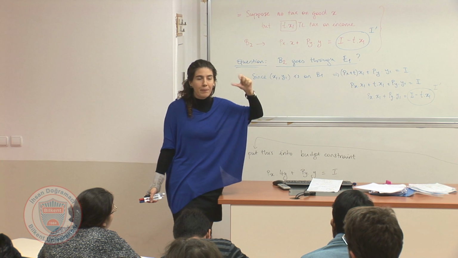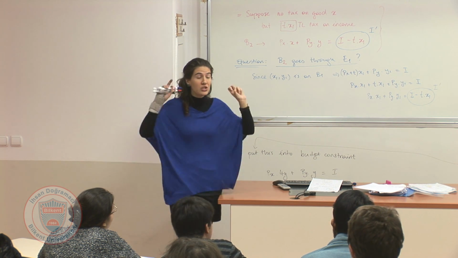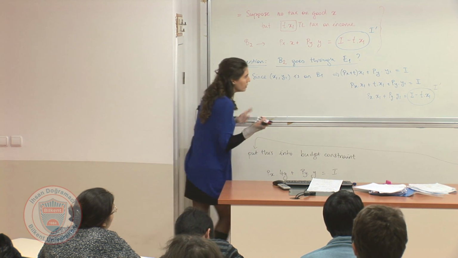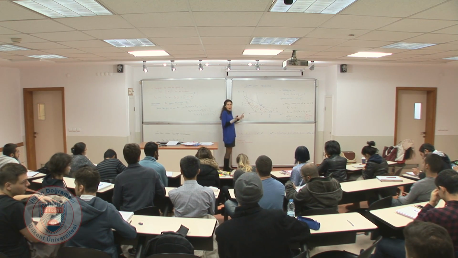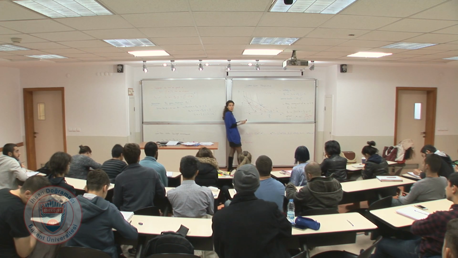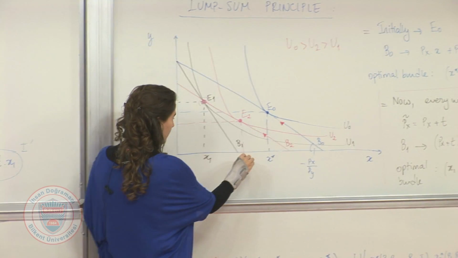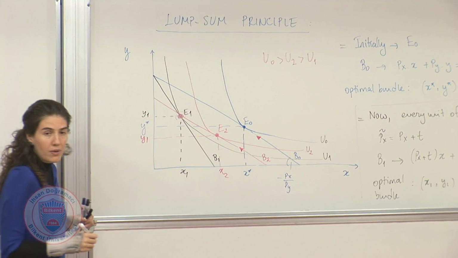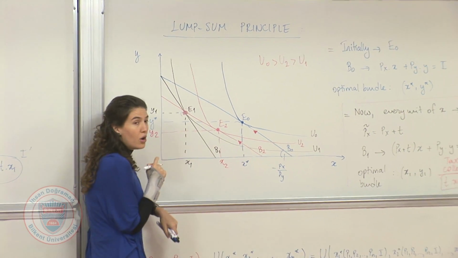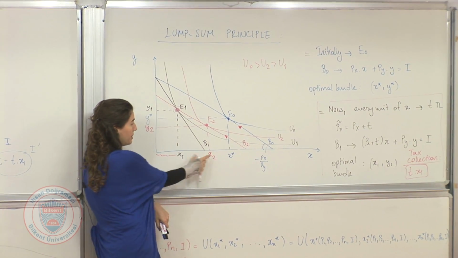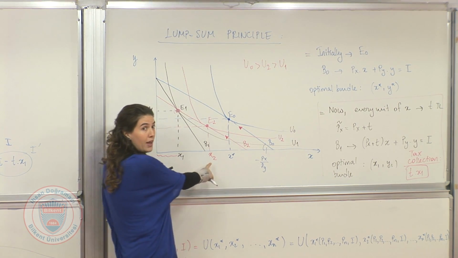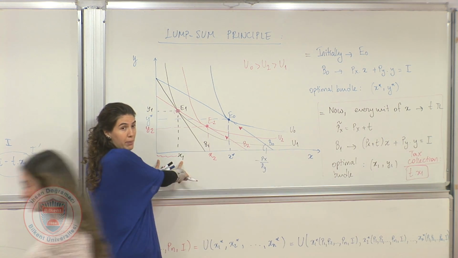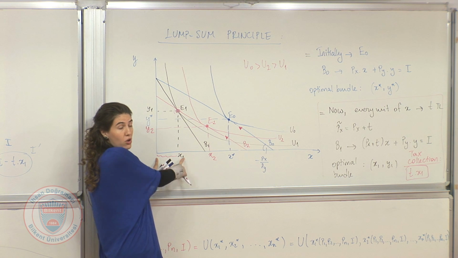But when they play with the prices, they also artificially distort your choices. Maybe you like X a lot, right? Suppose you would like to consume this much X. Let's call this X2, Y2, okay? Suppose you wanted to consume X2, but if they tax the good, you cannot, and you would be consuming X1, right?